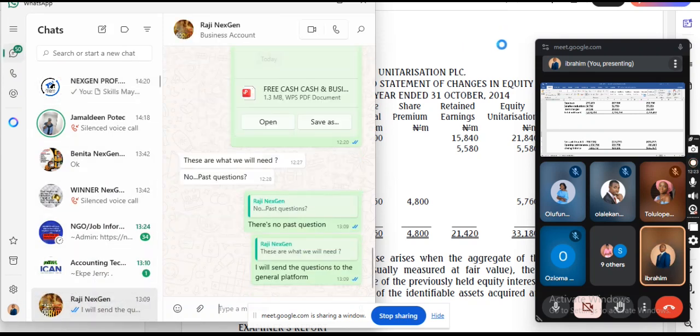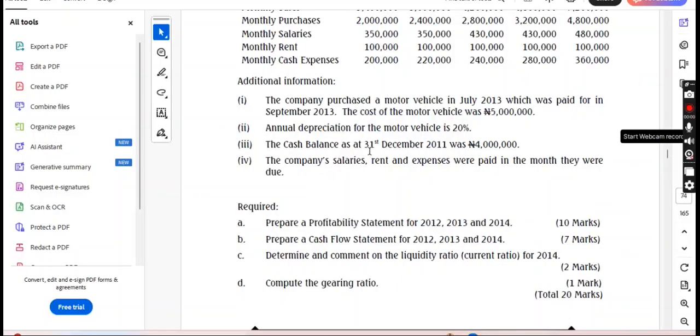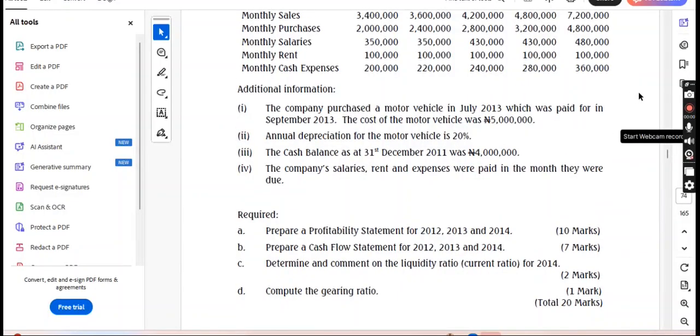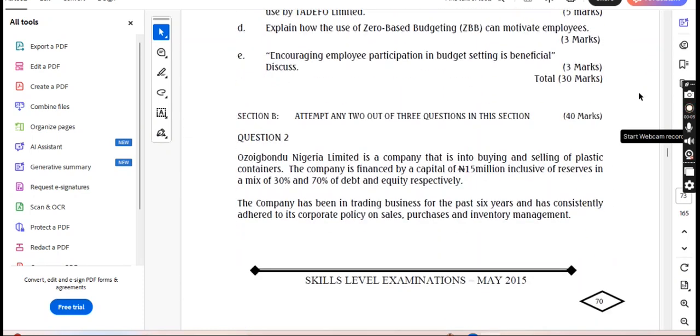I've sent it. Okay. The class will end what? Question 2. Okay.